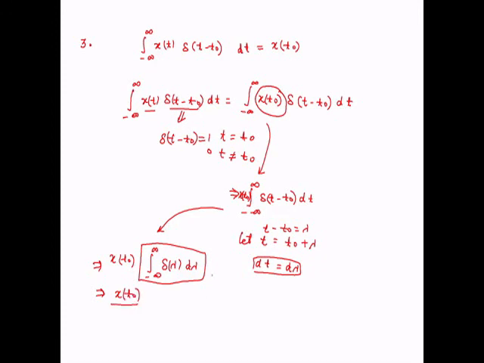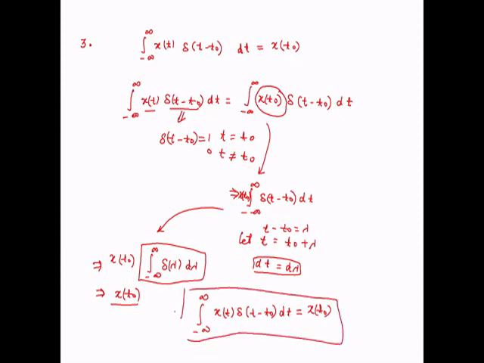So the last identity is hence proved, which is integration of x(t) with the time shift of the impulse signal with the limit minus infinity to infinity is equal to x(t naught). So this is the last identity we are having, right?